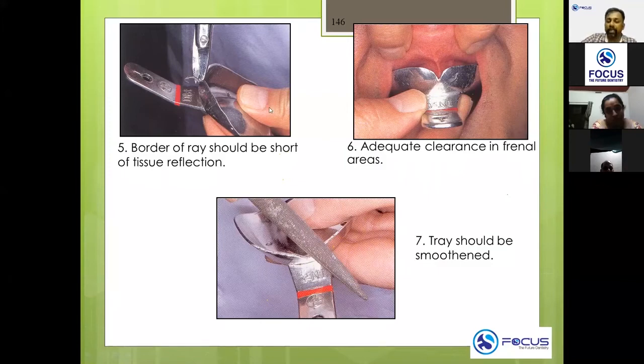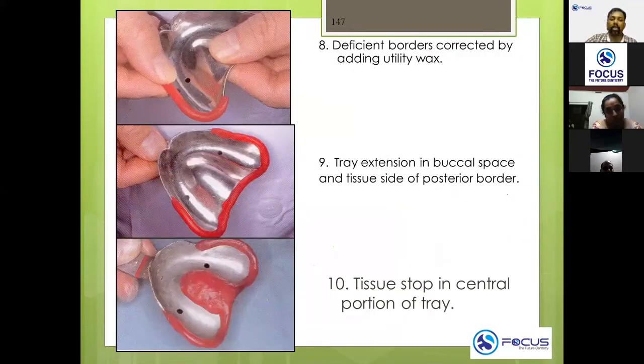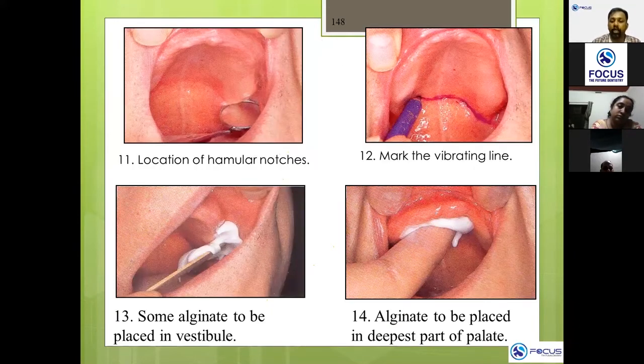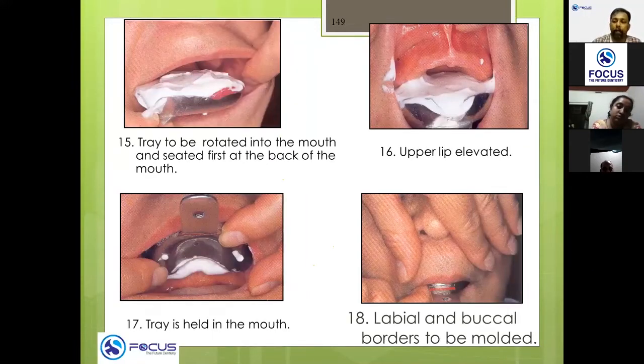Then we take the primary impression. Either you can take it with impression compound, or with wax the borders of the tray can first be recorded, and the central stop of the tray can again be recorded. After that, mark the posterior border of the denture, locate the Hamular notch, mark it, then place alginate over the region, load the tray with alginate and place it.